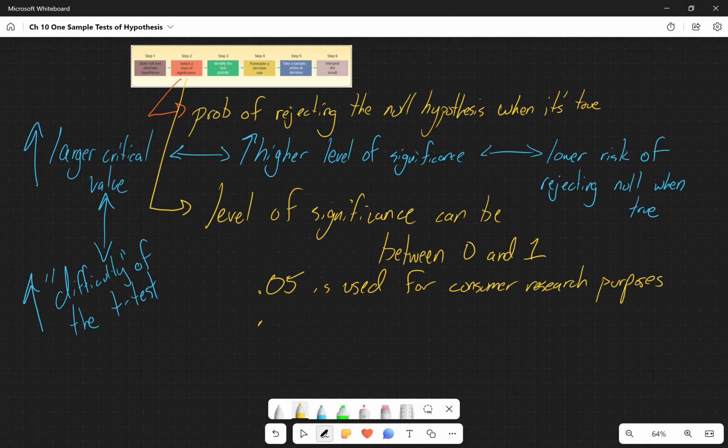We have 0.01 for quality assurance. We want to make sure that only 1% of all of the things that we're making have defects in them that are over what is acceptable, right?